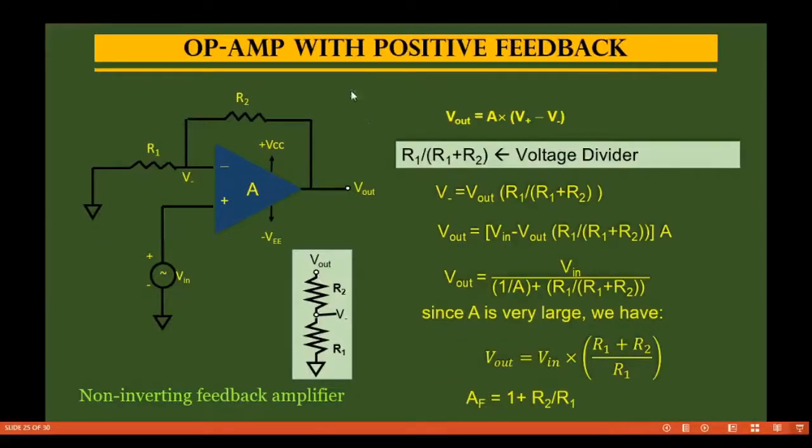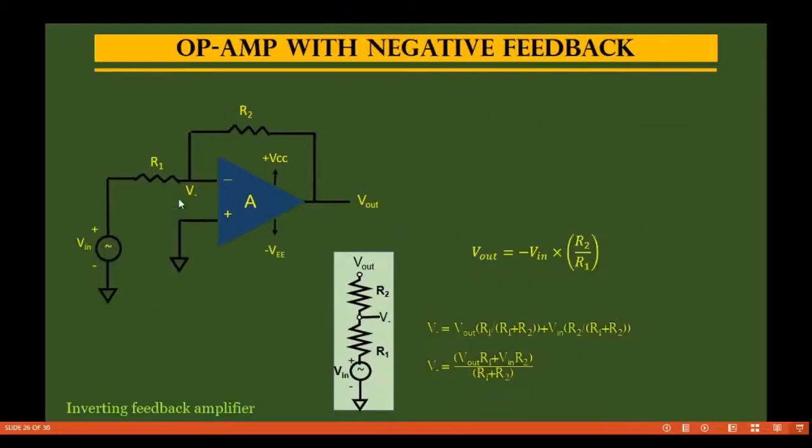there is a mistake in the title of this slide. Don't get confused with the positive feedback. I have mistakenly written positive feedback here. There should be negative feedback written here, and this is a non-inverting configuration. Now I'll discuss the inverting configuration of the negative feedback, right? Feedback is at this feedback element. Since this feedback element is at the negative side, we are feeding the negative input, negative feedback.